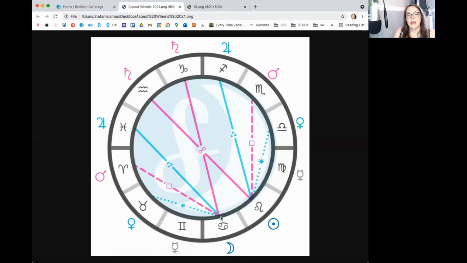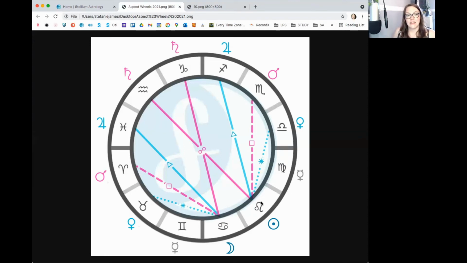And this doesn't mean that you have to only have aspects from Cancer or Leo in order to experience these. This is how they were assigned in aspect to the luminaries, which is why we have this Venusian quality when it comes to the sextile, this martial quality when it comes to the square, this Jupiterian quality when it comes to the trine, and the Saturnian quality when it comes to the opposition, particularly when you think that you have to cooperate with other people in order to get results.